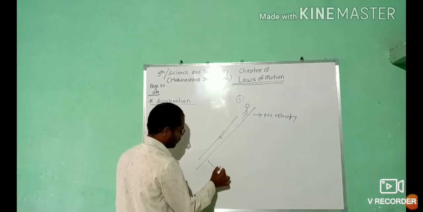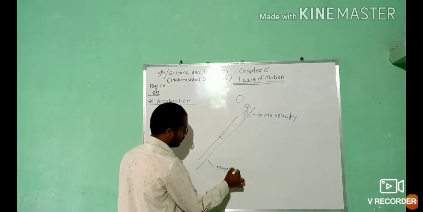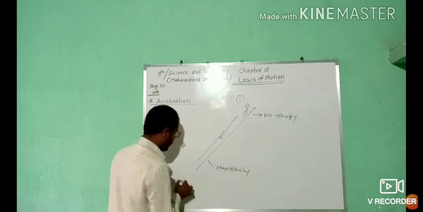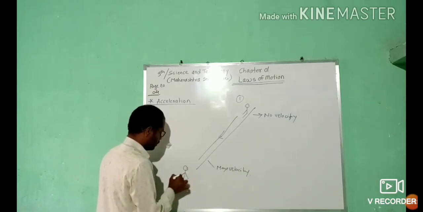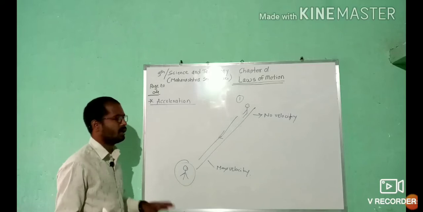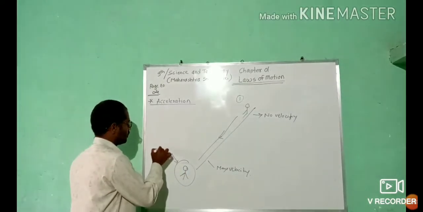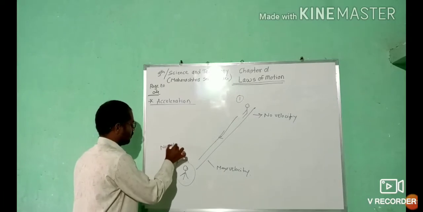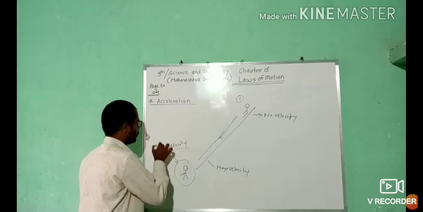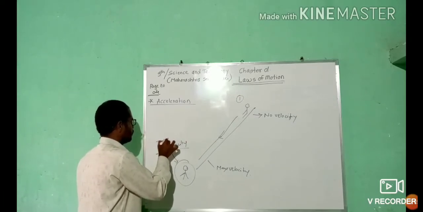So consider max velocity, and at the last when you are again at the state of rest, it means again there is no velocity. Okay, or zero velocity, zero.